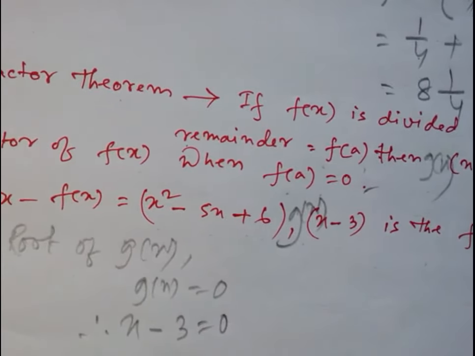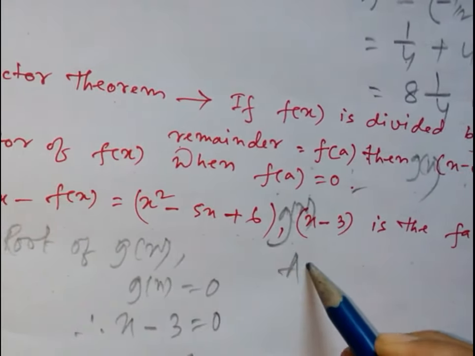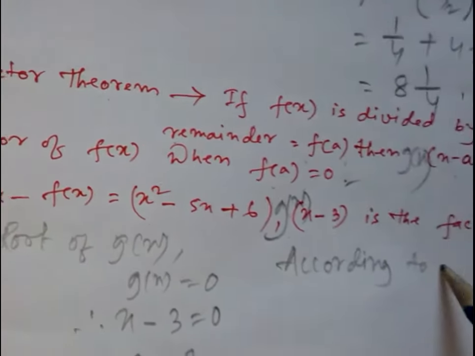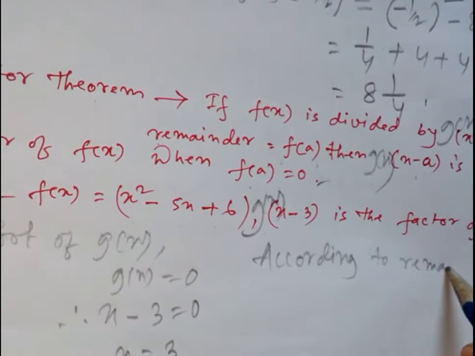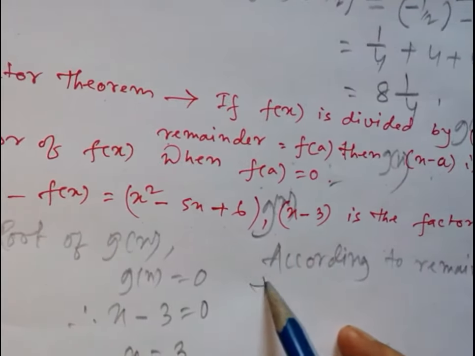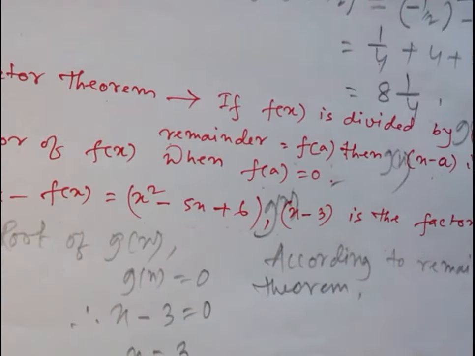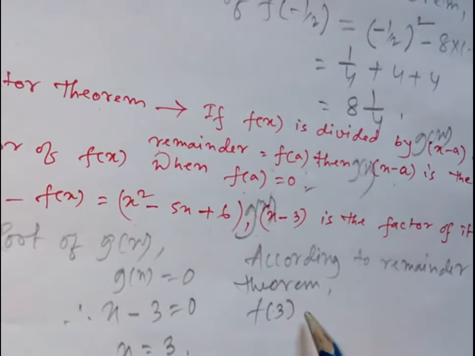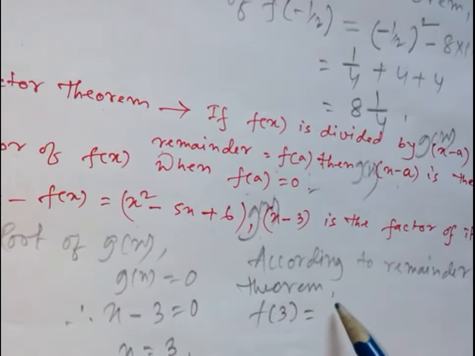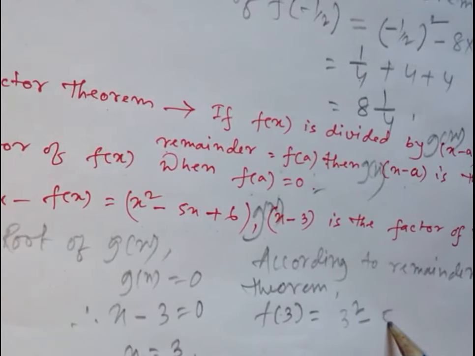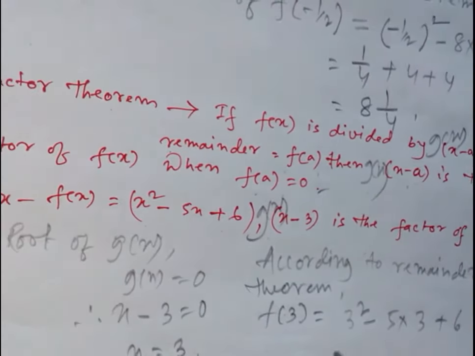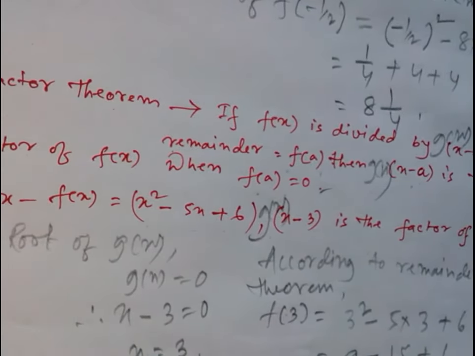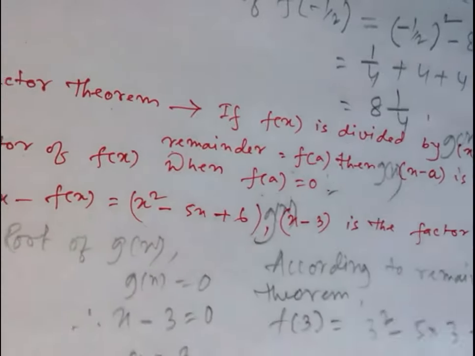According to the remainder theorem, f of 3 is equal to how much? 3 square minus 5 into 3 plus 6. It means 9 minus 15 plus 6. It will give 0.